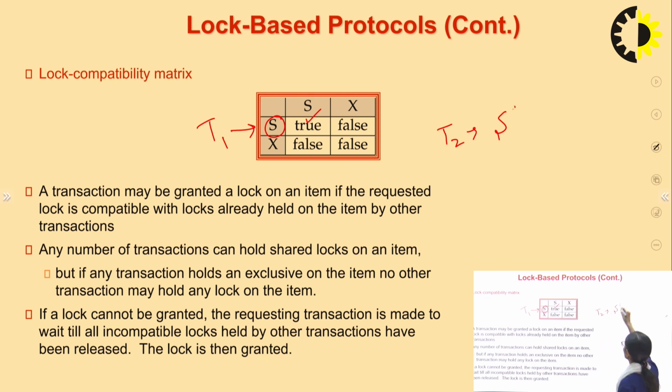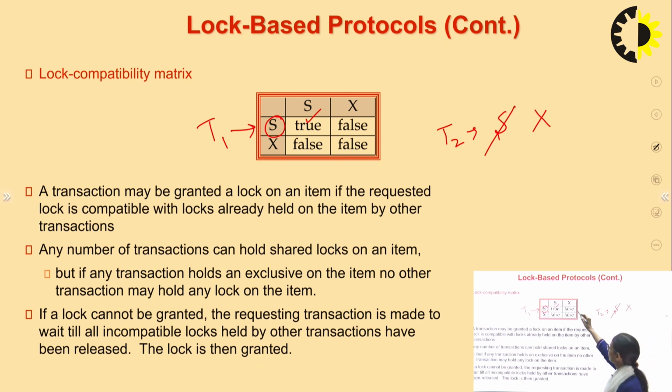But what if T2 demands X? Now according to this compatibility matrix, T1 already has lock S on the data item Q, and T2 is requesting lock X on the data item Q.